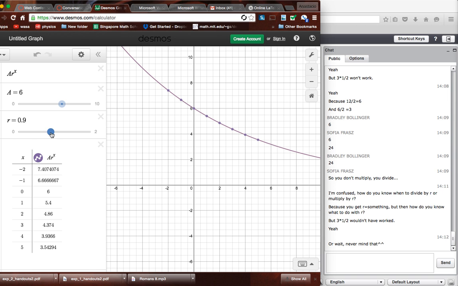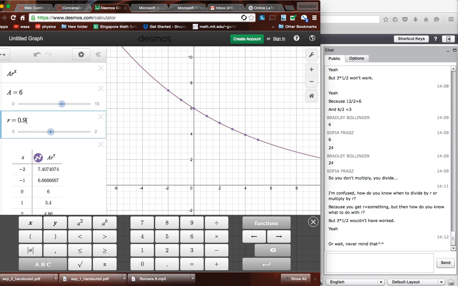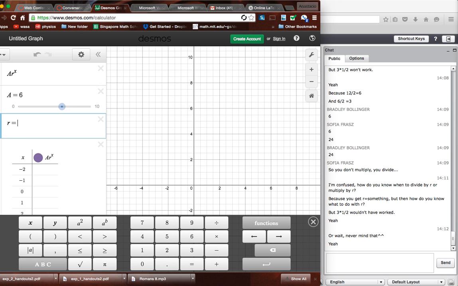Does that make sense? If R is equal to 1, that's actually a balanced decay rate where it basically just says, well, 1 to the anything power is just 1. So really your answer is going to be 6 all the way through if A is 6. Because you're doing 6 times 1 versus 6 times 1 versus 6 times 1. It's all going to be the same answer.